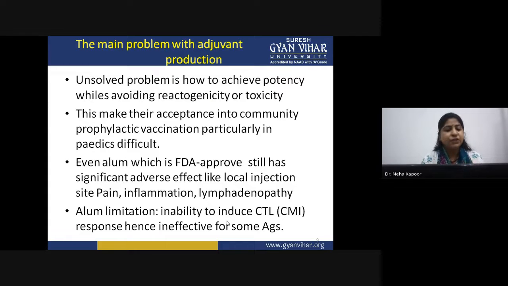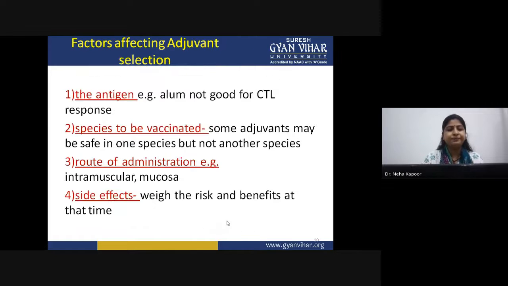The major limitation with alum is inability to induce CTL. CTL means cytotoxic T lymphocytes. That is why the cellular mediated immune response is not mounted against certain specific antigens. However, there are certain factors that affect the antigen adjuvant selection, that is, how we can select which adjuvant we need to add in a vaccine.